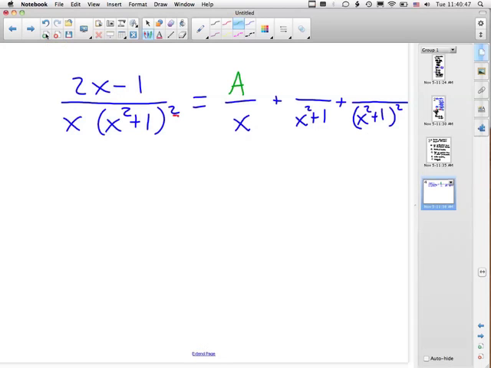So we need a polynomial that is 1 degree less. So we're going to say that that's bx plus c. The nice thing is that this x squared plus 1 squared, ignore the second squared. The factor on the bottom is x squared plus 1. There happen to be two of those factors, but the factor on the bottom is x squared plus 1. So I'm going to call this dx plus e. Just has to be linear.